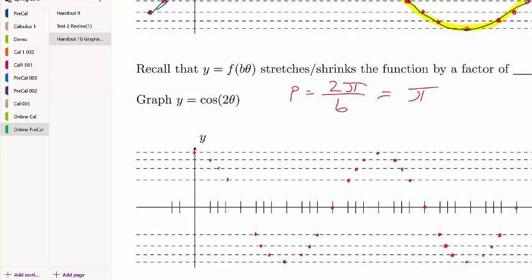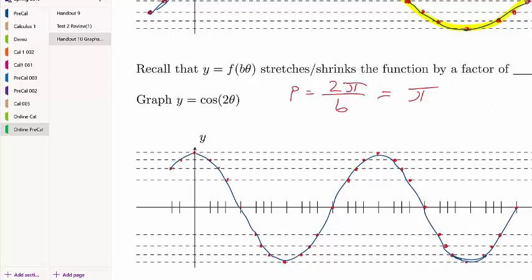Alright, and now that we got all these dots plotted, let's go ahead and connect all the dots so that we can kind of see our nice graph start to take shape here. And there we go, then here. Alright, didn't quite go down low enough there.